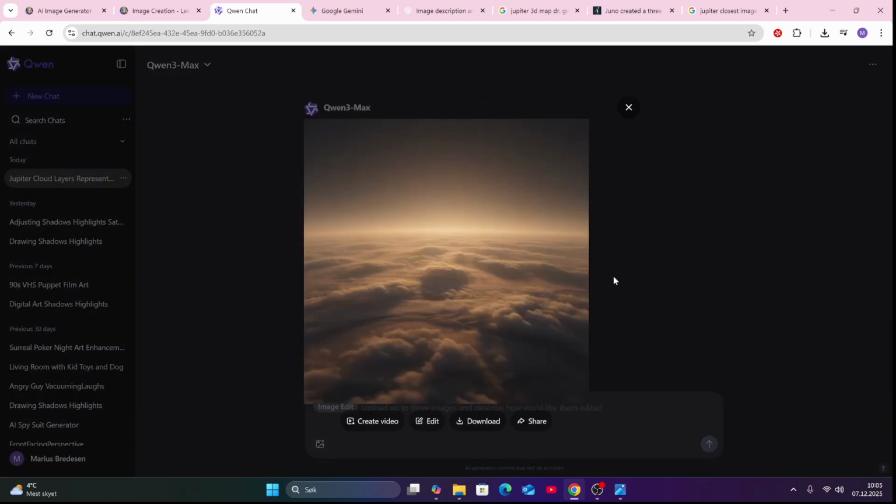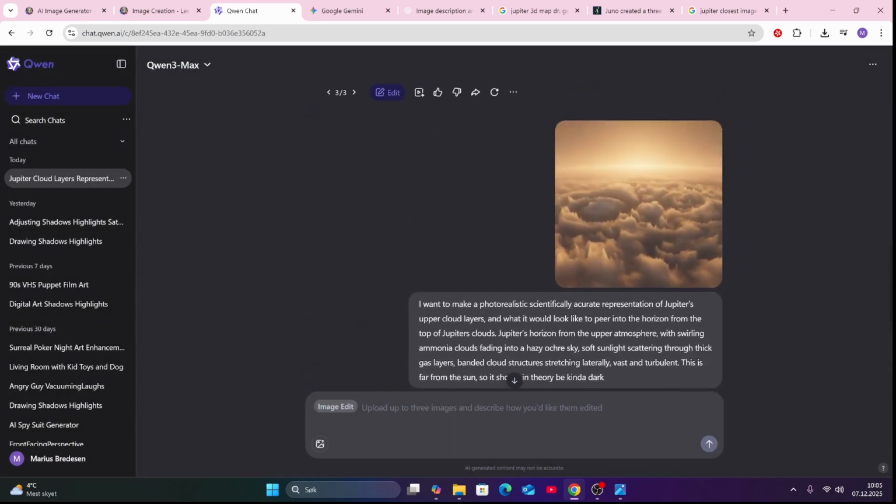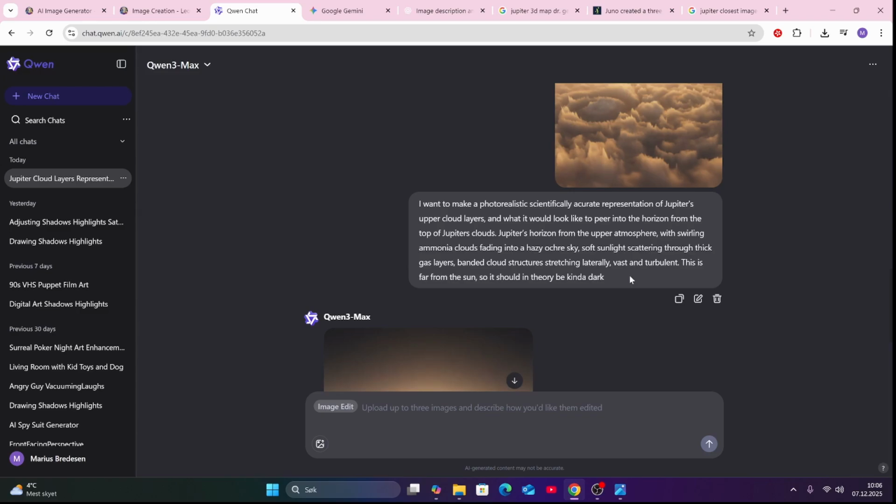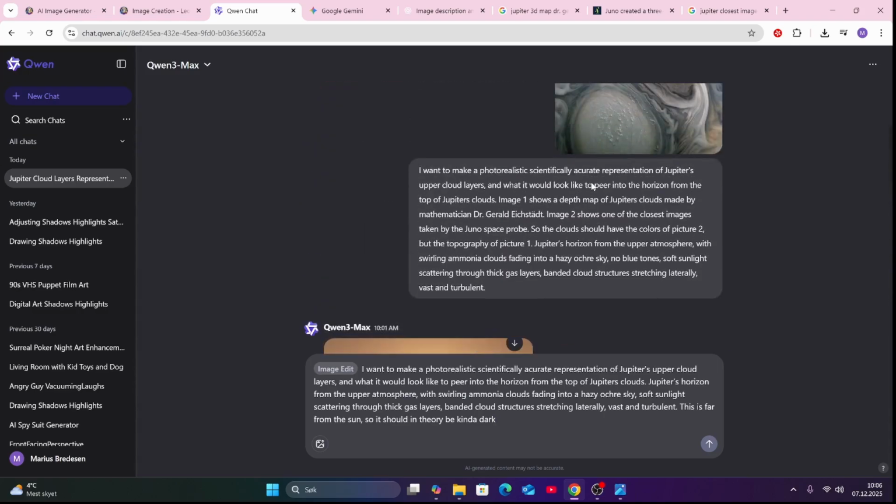But the problem here again is the topography of the clouds. Now it took too many liberties. So what if we combine these prompts? If I take this and I include the stuff about image 1 and image 2.